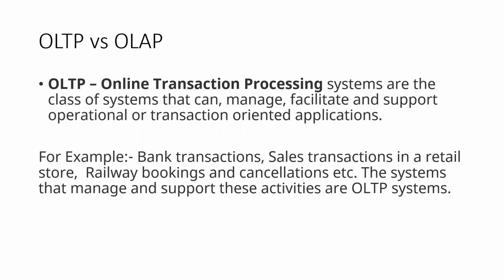Whatever source data we receive from the source system, OLTP systems are the class of systems that can manage, facilitate, and support operational or transaction-oriented applications. Daily transactions, like bank transactions, any sales transaction in the shopping mall that I told you about, railway booking or cancellations as well. The systems that manage and support these activities are OLTP systems. So daily transactions are stored in the OLTP system. It's the raw data, rather.